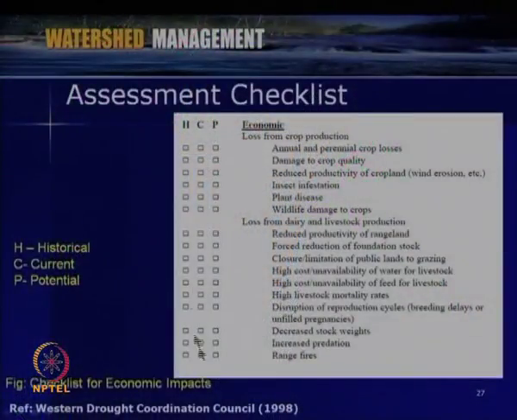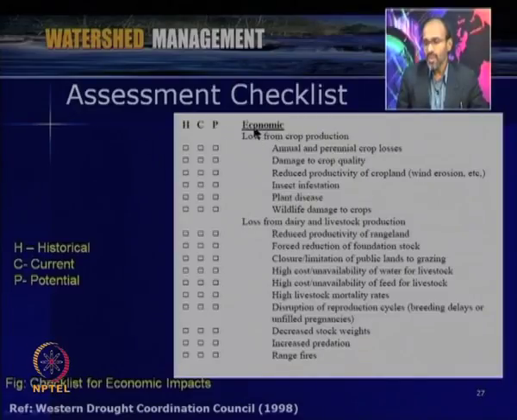Say, for example, these checklists are taken from the Western Drought Coordination Council of the United States. Here they have put economic assessments, so the checklist for economic impacts, like loss from crop production, various columns are there, then loss from dairy and livestock production.